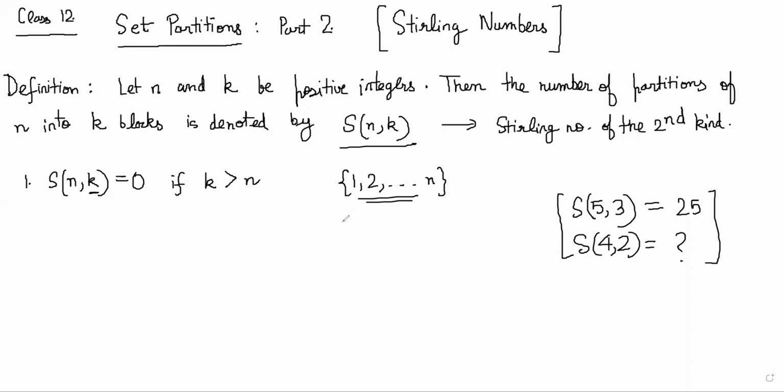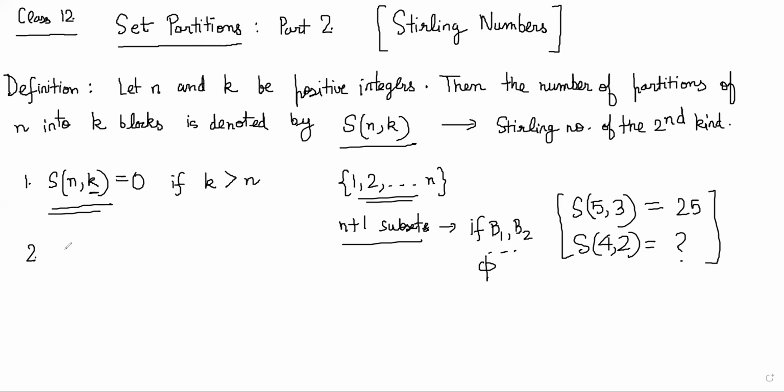Suppose you have to split it into n plus 1 subsets. Then one of these subsets will be empty. So if any of b1, b2 becomes phi, the null set, then that is not a valid partition. So you cannot partition if k is greater than n. Therefore, the value of S(n, k) is assigned to be 0.